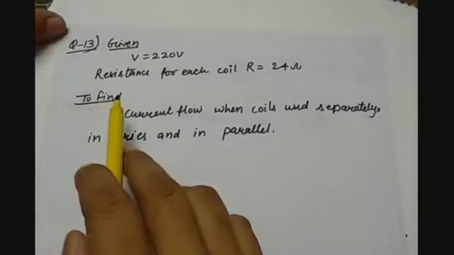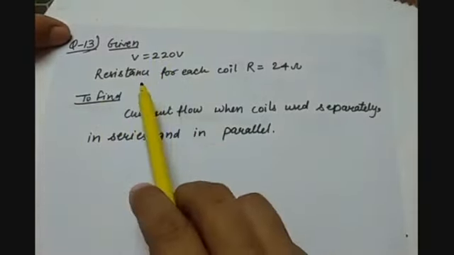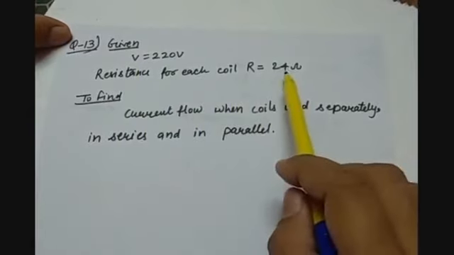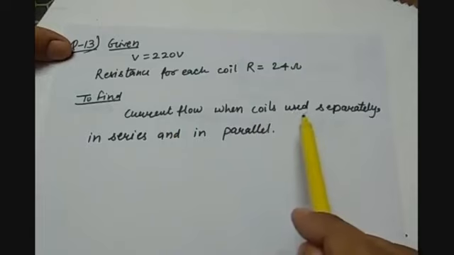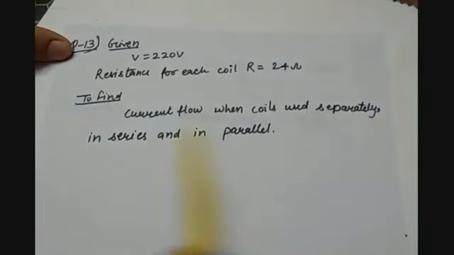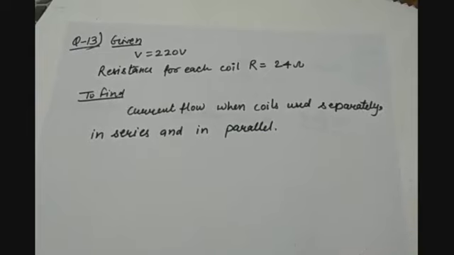So in question number 13, we have been given that potential difference is 220 volt, resistance for each coil is 24 ohm, and we have to find out the current flow when the coils are used separately, in series and in parallel. So we have three cases here: when these coils are used separately, when they are used in series combination, and when they are used in parallel combination.